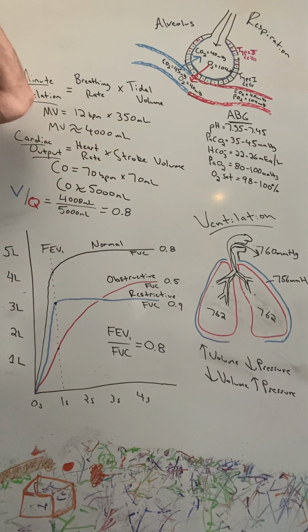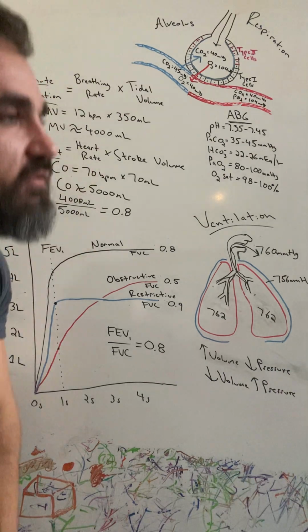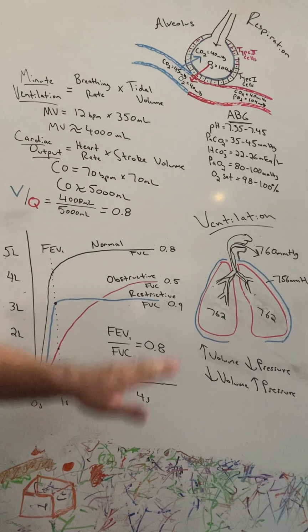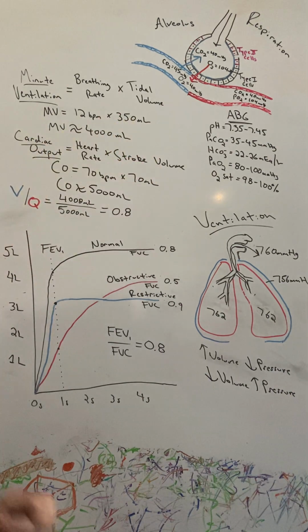On those basic graphs, tidal volume is usually about 500 milliliters at rest, but only about 70% of that gets down to the alveolar air, so really our alveolar tidal volume is 350 milliliters, because if that air gets into our airways but doesn't reach the alveoli, it's not going to be there for gas exchange. So 12 times 350, we'll just say 4,000 milliliters or 4 liters.